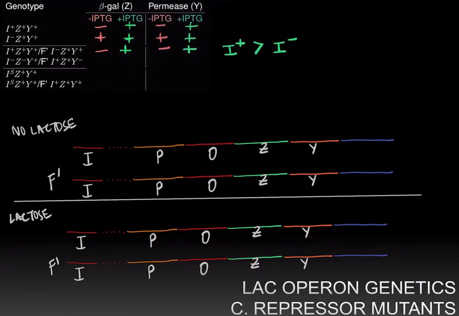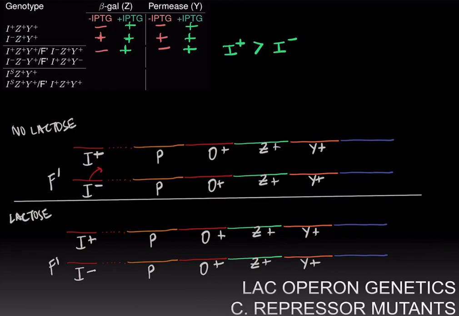So we have I plus on the chromosome and I minus on the F plasmid, O plus on both of them, and Z plus and Y plus on both of them. Now we have two different alleles of the lacI gene.